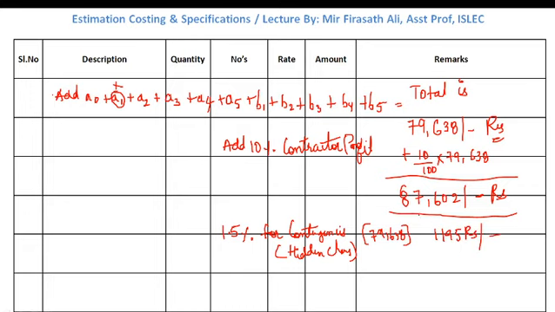If we add this to the total, the final total will be 88,797 rupees.